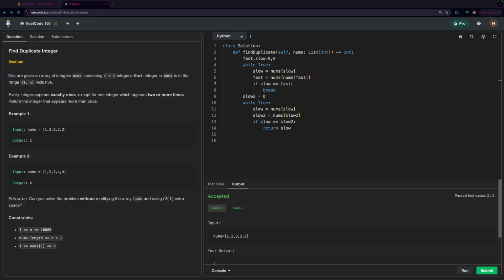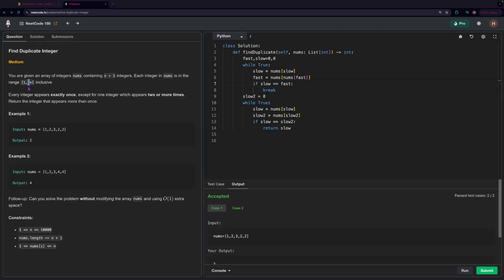So you're given an array of integers nums containing n plus 1 integers. Each integer in nums is in the range 1 to n inclusive. So basically what it's saying here is that the array nums contains n plus 1 integers. However, each integer in the nums array is between 1 and n.